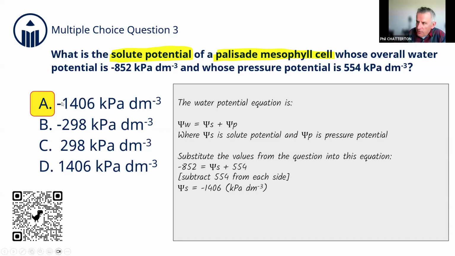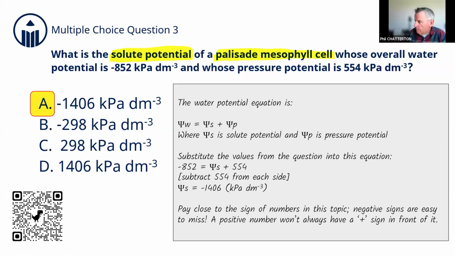Make sure that you spot the difference between A and D, which is just a simple small negative sign, which you can very, very easily miss. Okay. A positive number won't always have a positive sign in front of it. So it depends how the exam is written. And it's perfectly normal to assume that a number is positive if it doesn't have a positive sign in front of it.